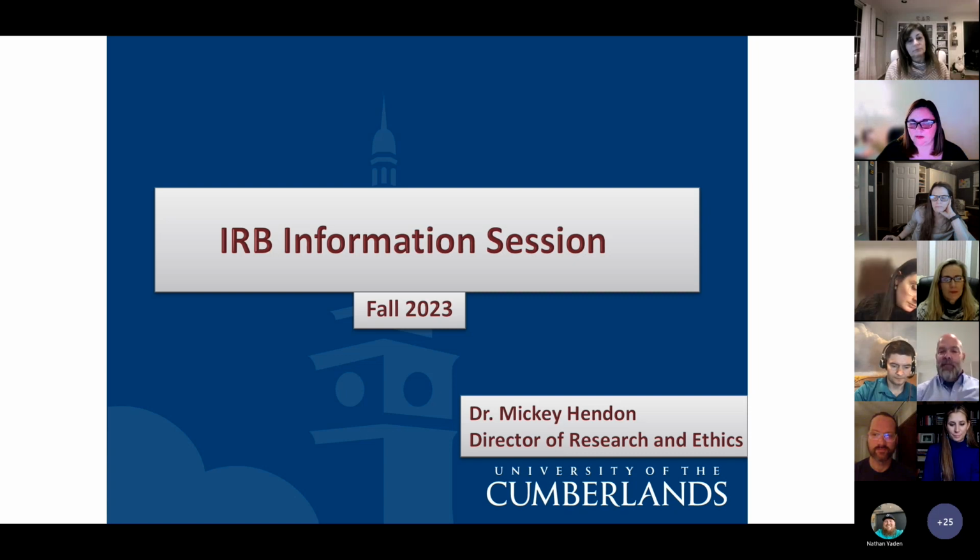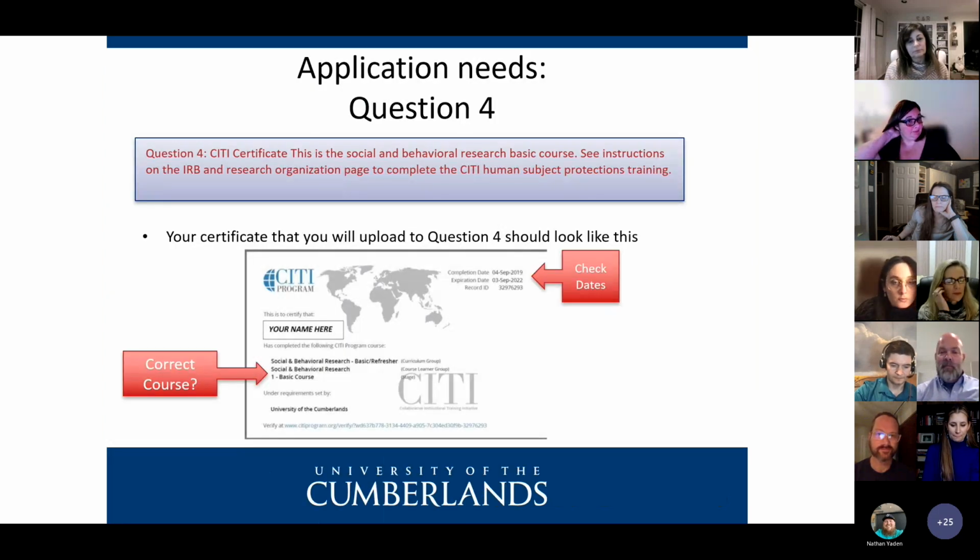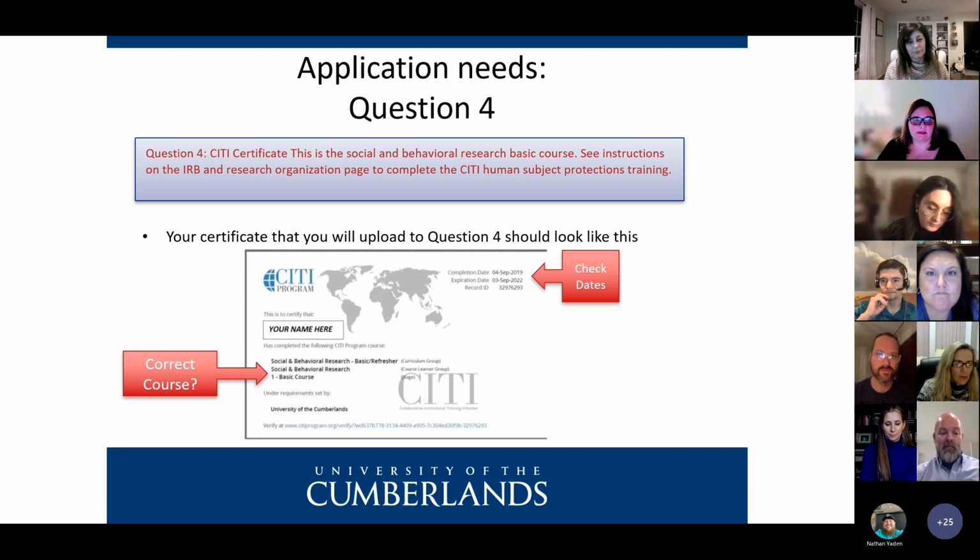Where was I? Okay, question 4. Is there any other questions before I continue on? Okay, great. All right, so this is your CITI certificate. This is what it should look like. Two things that I look for is that you're doing the current course, which is the social and behavioral research basic refresher.